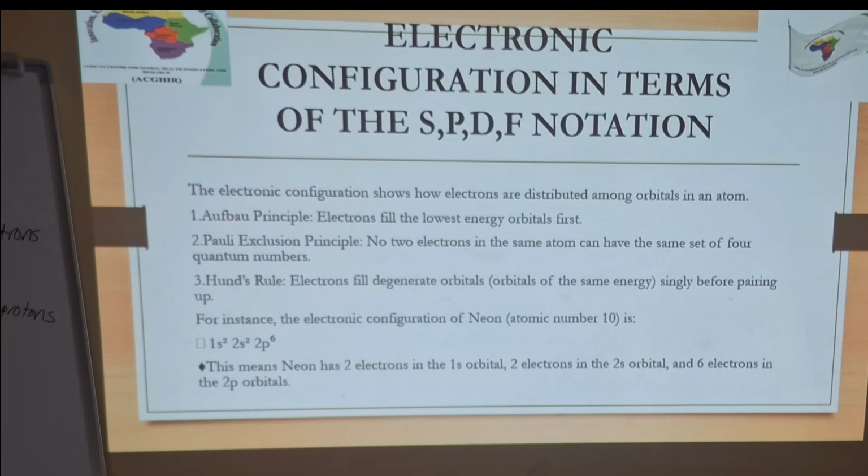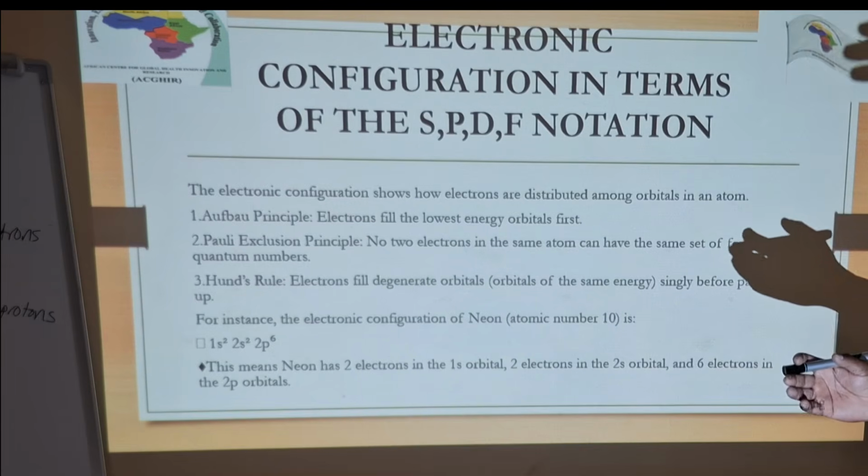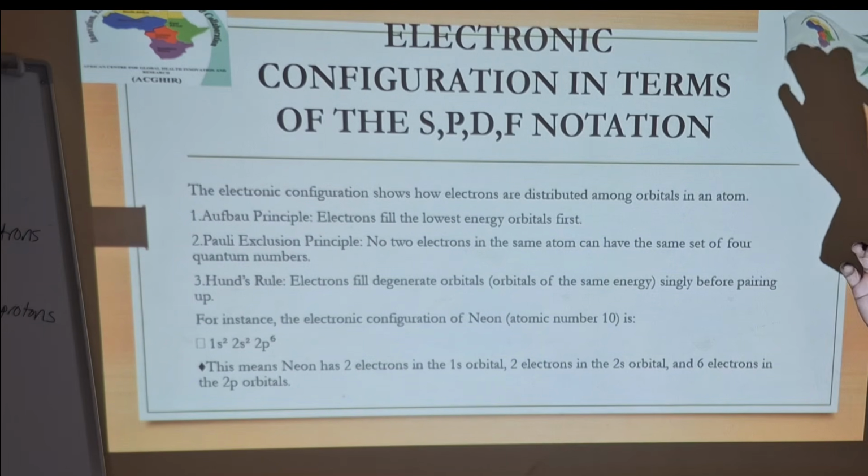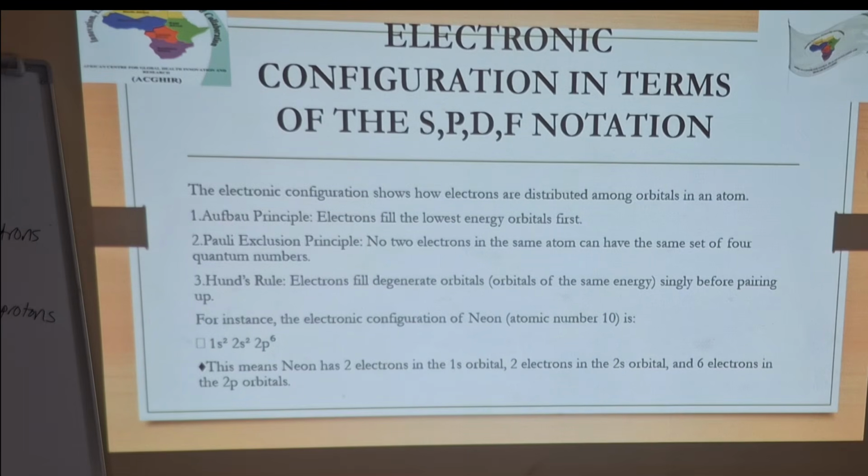We also have the Pauli exclusion principle, which states that no 2 electrons in the same atom can have the same set of 4 quantum numbers. Then we have Hund's rule, which states that electrons fill degenerate orbitals, that is orbitals of the same energy, singly before pairing up.